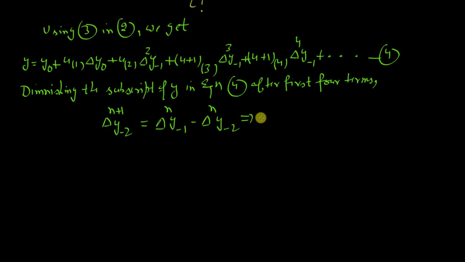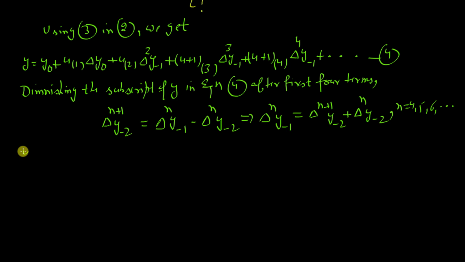So this implies that delta n y minus 1 is equal to delta n plus 1 y minus 2 plus delta n y minus 2. So I am going to use this in this, and here n will be 4 because we have to diminish from here. So n will be 4, 5, 6 and so on.